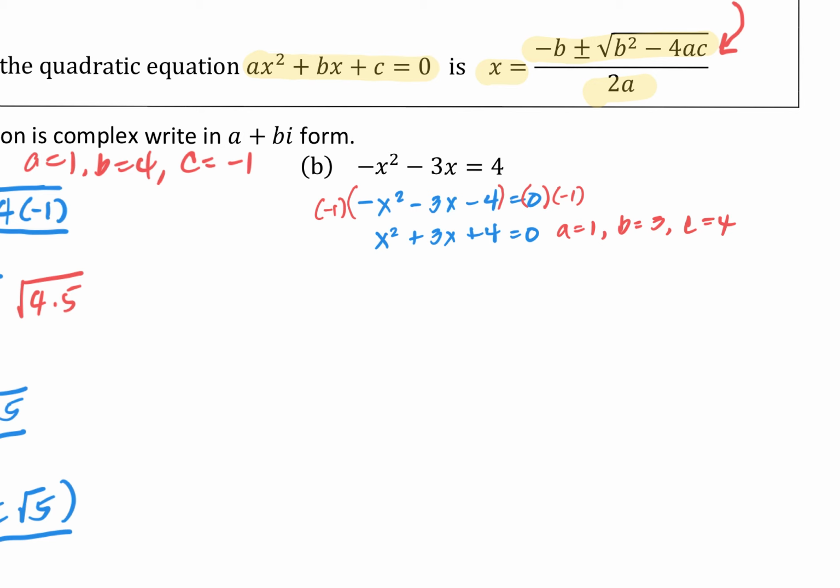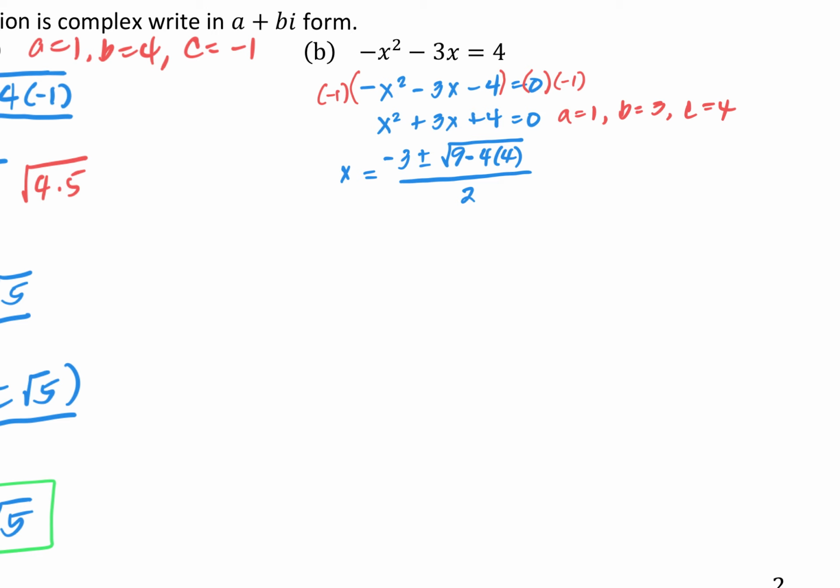In the quadratic formula, I'll have x equal to -b, so -3 plus or minus the square root of b squared, so it's going to be 9, minus 4 a times c, which is 4, all over 2a, so that's just 2.